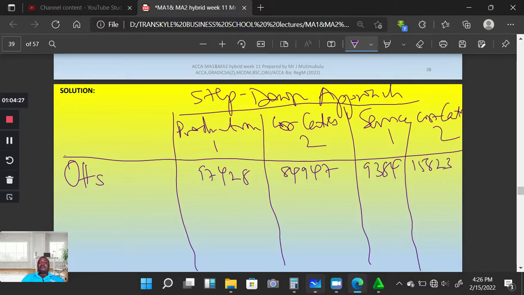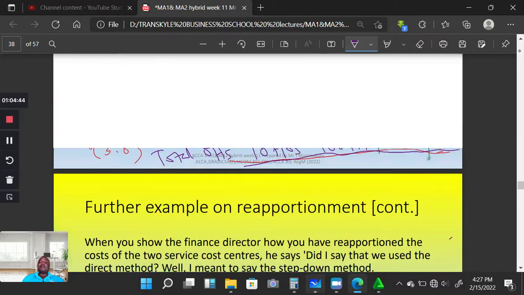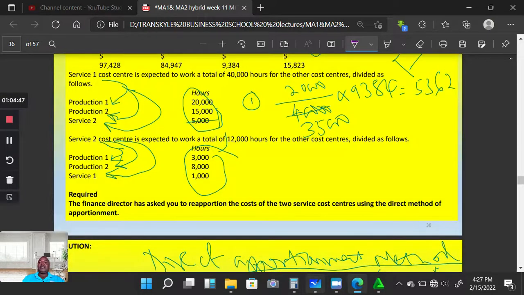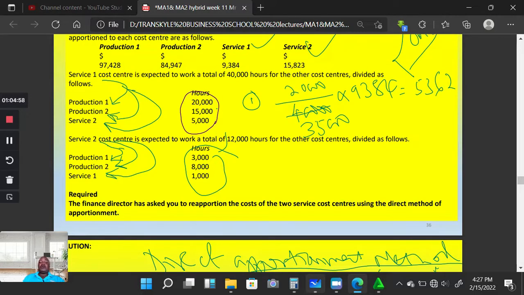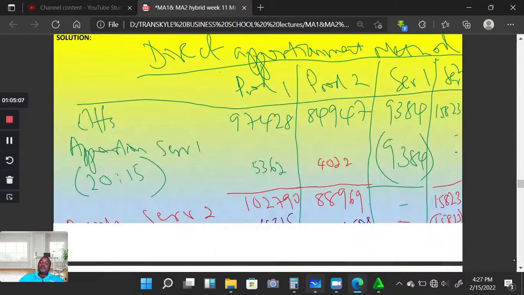Now let's apportion service center 1. Using which percentages? Like I said, if we are using the step down approach, we'll be using all the information given, all of it as part of the computation for the ratio. So our ratio is going to be 20, 15, 5 to come to 40.